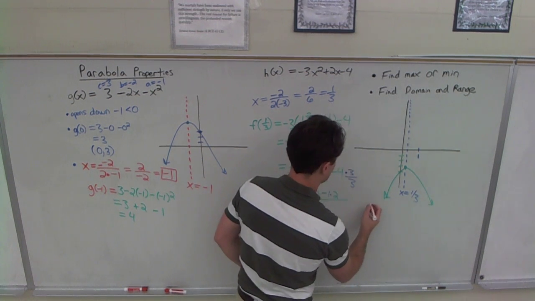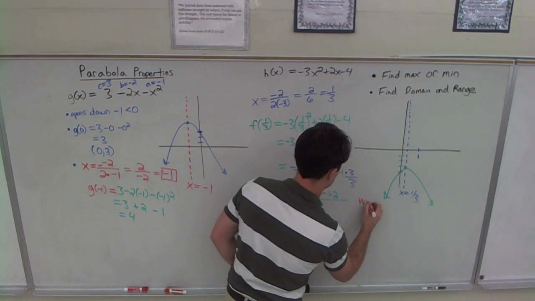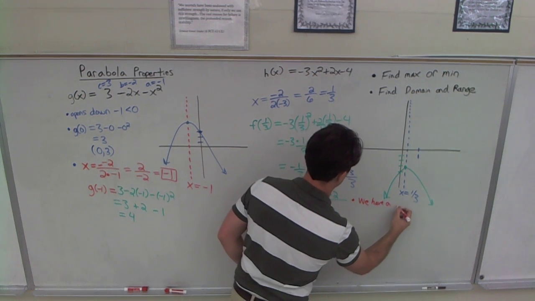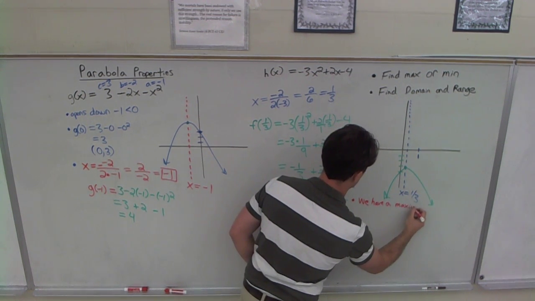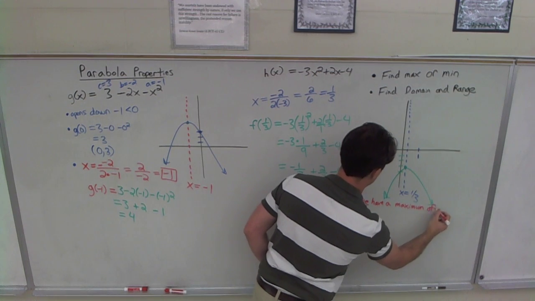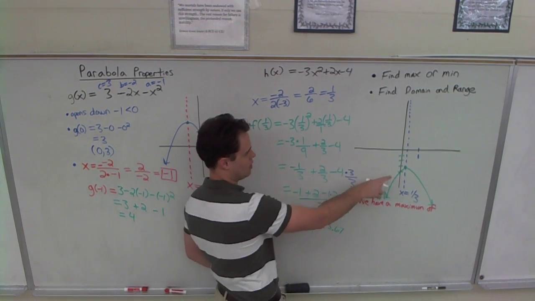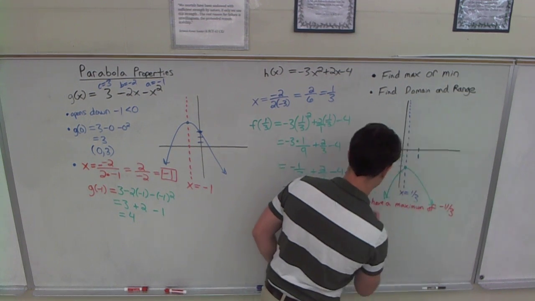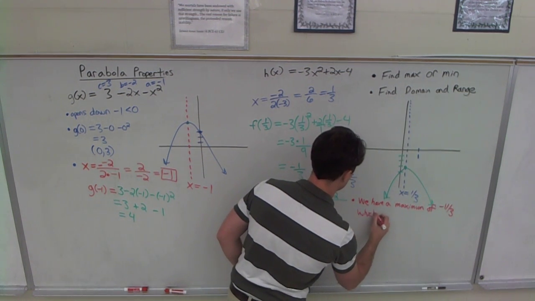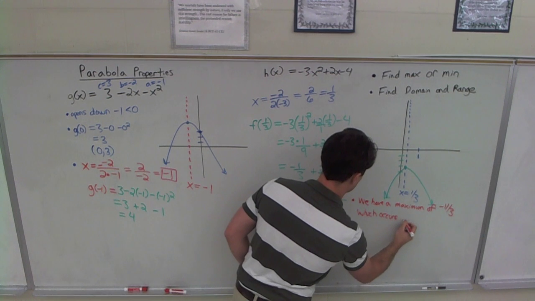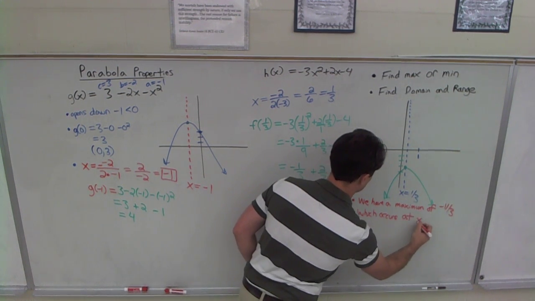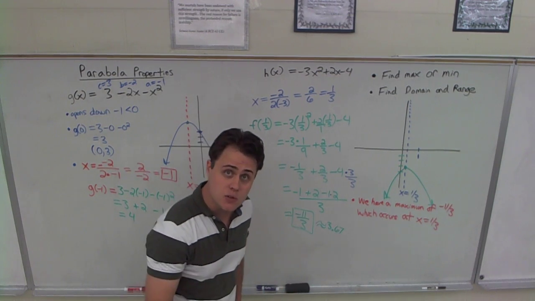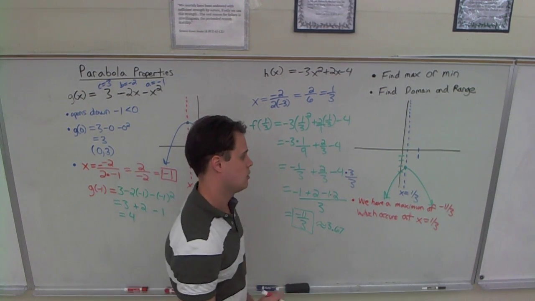So I'm going to say, and you want to write it just like this, we have a max of that. That's the highest it gets, that negative 11 thirds. And where did it happen? Which occurs at x equals 1/3. So write what it is and where it happened.